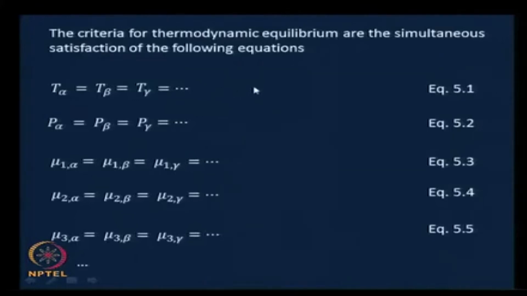For example, T alpha equals T beta is one equation, T beta equals T gamma is another equation and so on and so forth. Therefore, if there are pi phases, there would be pi minus 1 different equations here, and that is valid for each one of these composite equations. This is what we saw in the last class, very fundamental, so it is good to go over it again.